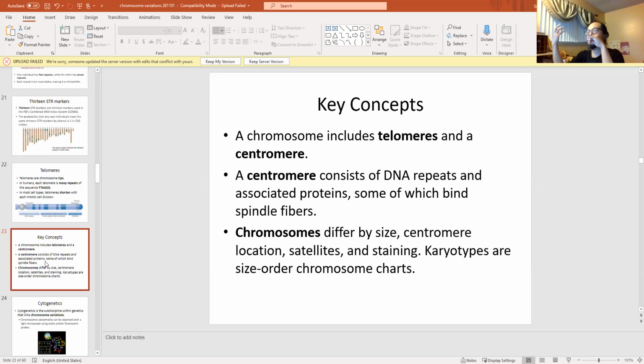It's related to the protein complex called the kinetochore. And also the chromosomes, we have 23 pairs. And the scientific principle to sort these chromosomes based on their size is called the karyotype.